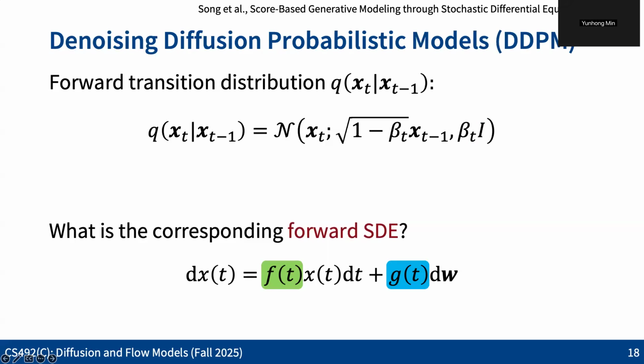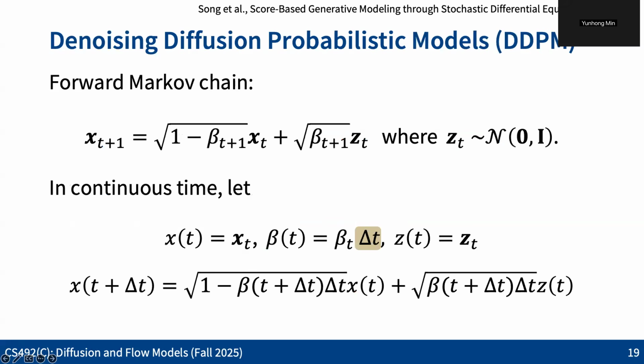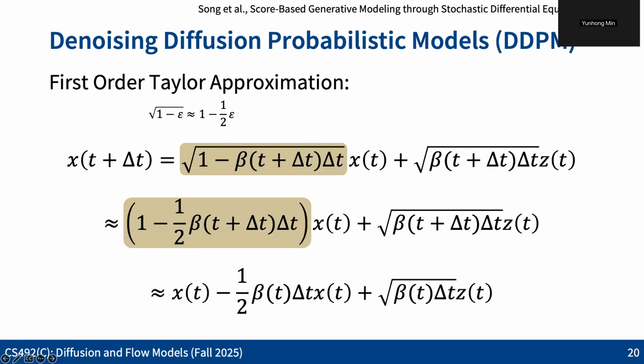So if we look at the corresponding forward SDE, this is the corresponding Markov chain in the discrete time domain. One small thing here is that if we define the beta t in continuous time by multiplying by this delta t quantity, then we can also find the continuous formulation like this. Then, using the Taylor series that we have seen in the previous slide, we can approximate the function like this.